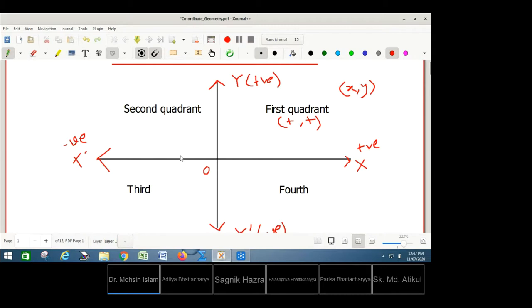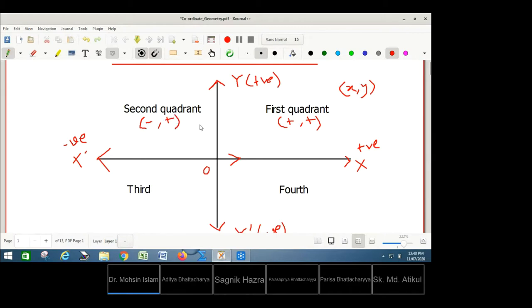If I go to the second quadrant, you are going to the left of 0, so the x coordinate is negative, but going up the y coordinate is positive. So in this quadrant you have negative comma positive.